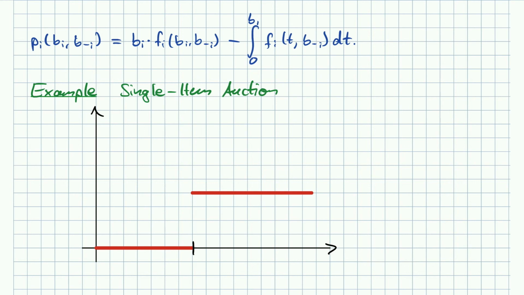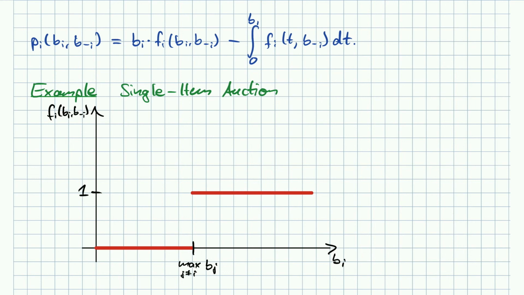By the way, this is bi, this is fi of (bi, b minus i). And this point here, that's the maximum of all bj, where j isn't equal to i. So this is the maximum bid except for i's bid.